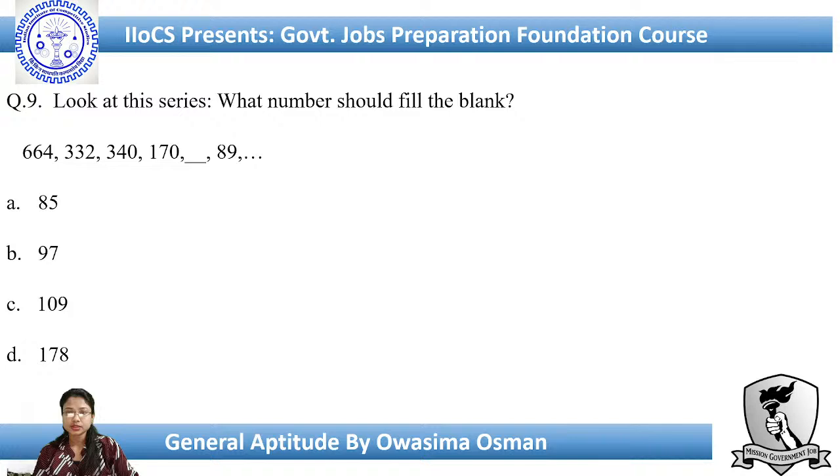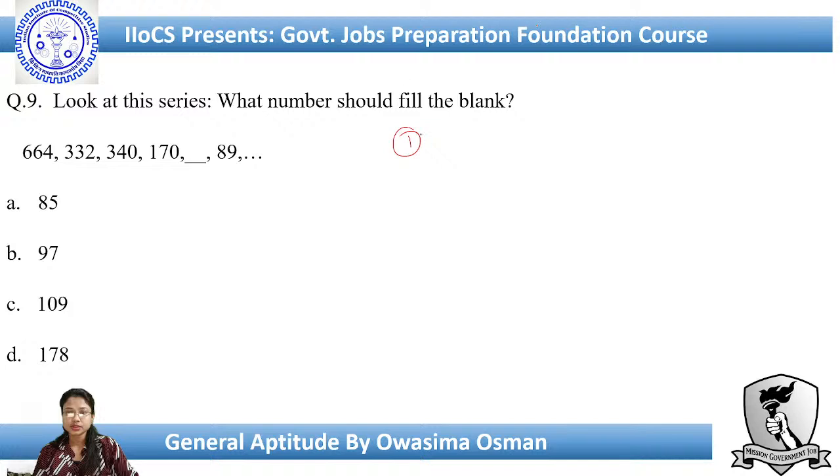Next, here they ask you to find the missing number. In the previous session, whose link is given in the description box, I told you that in the series problem there are 3 types of problems they can ask you.